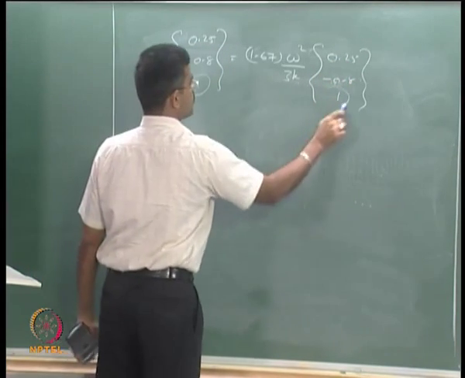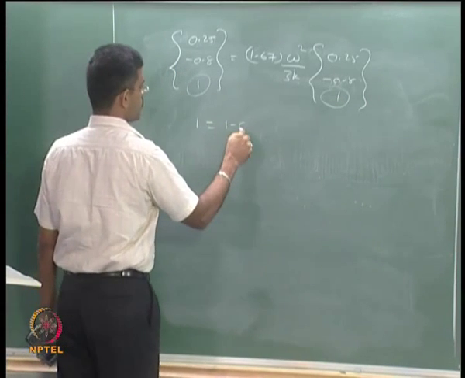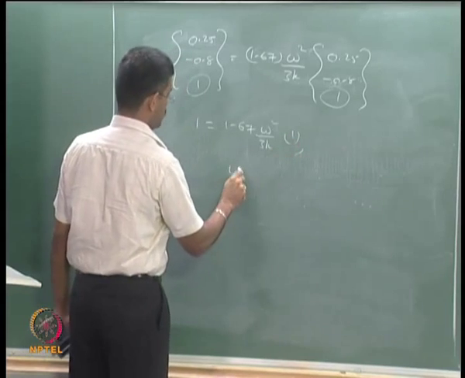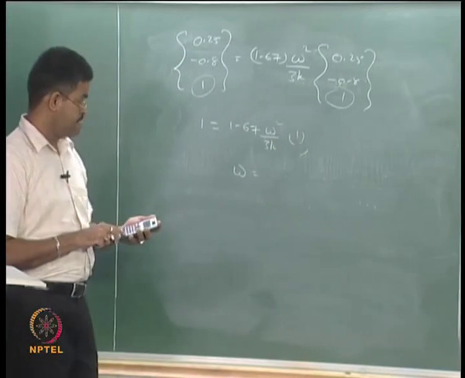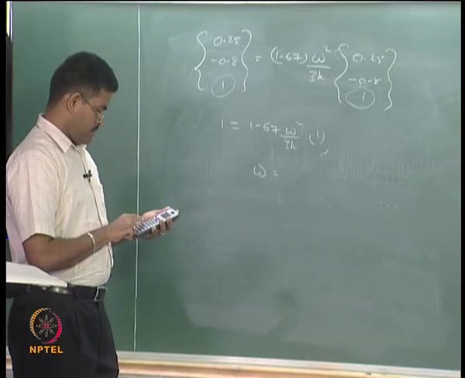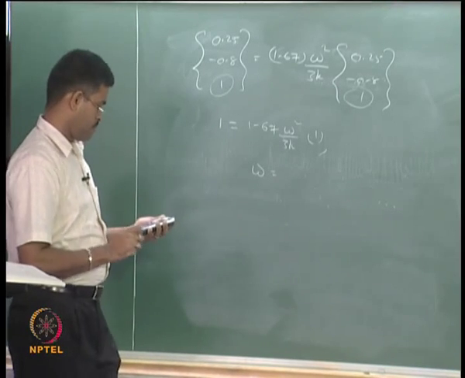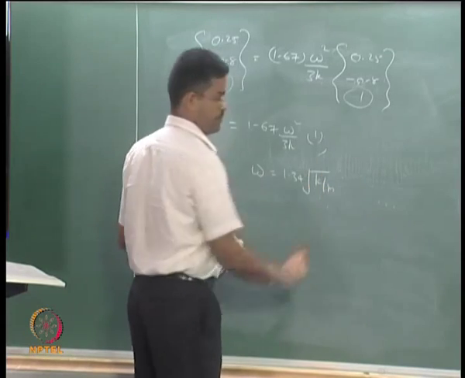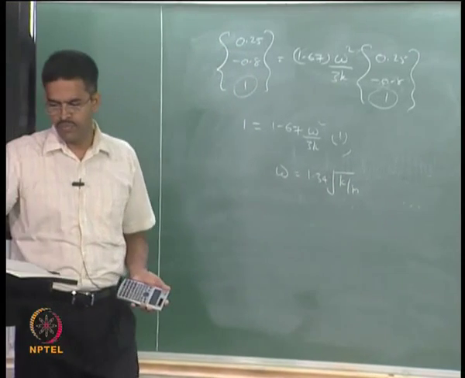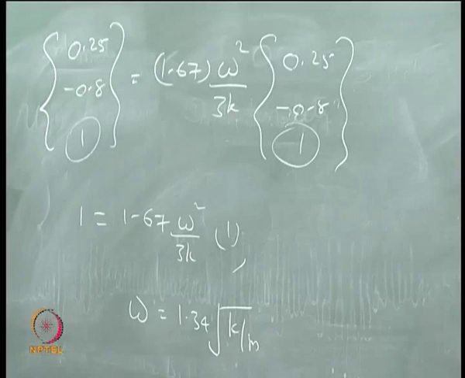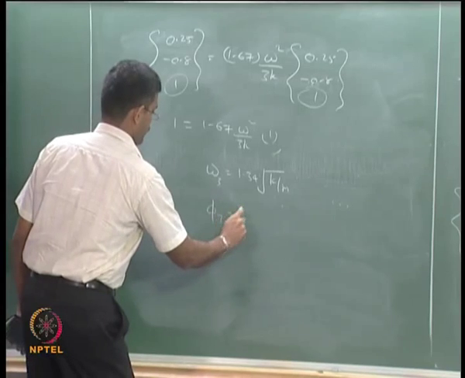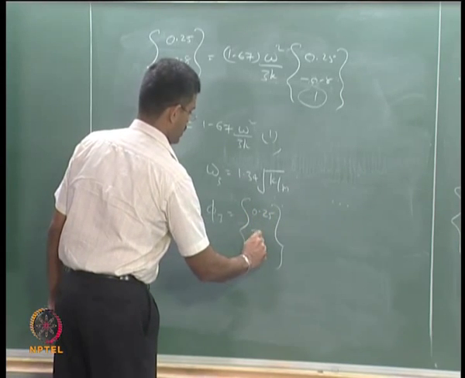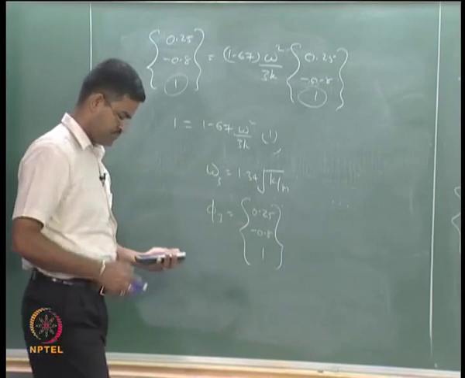Looking at the last row, I can easily say 1 is equal to 1.67 of omega by 3 k of 1. This gives me omega as 1.34 root k by m, and the corresponding vector is 0.25 minus 0.8 and 1.